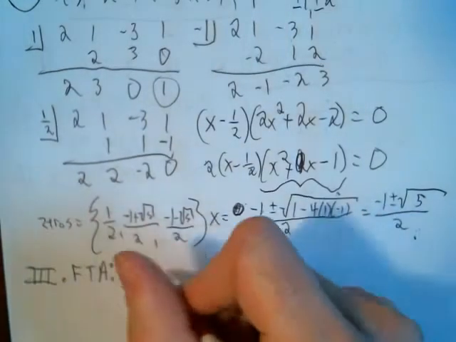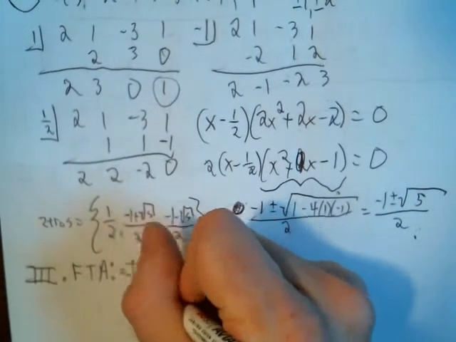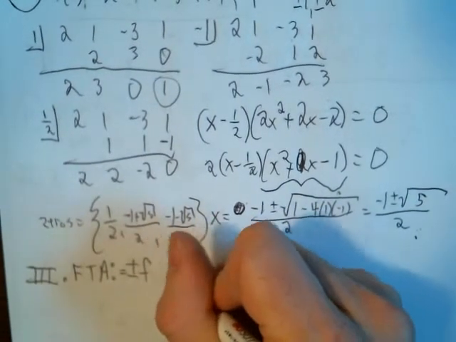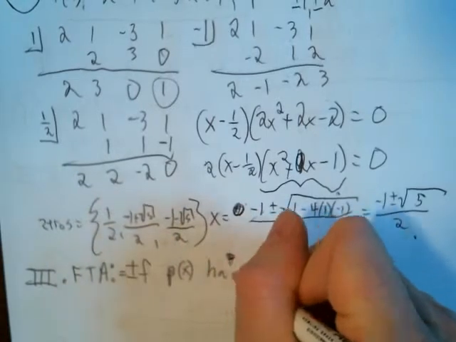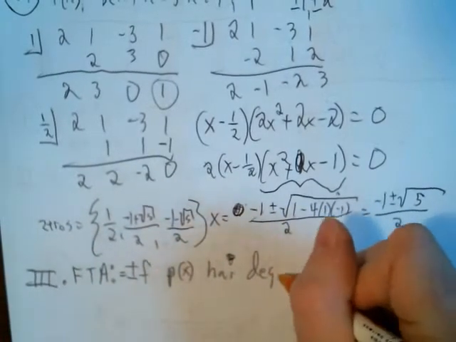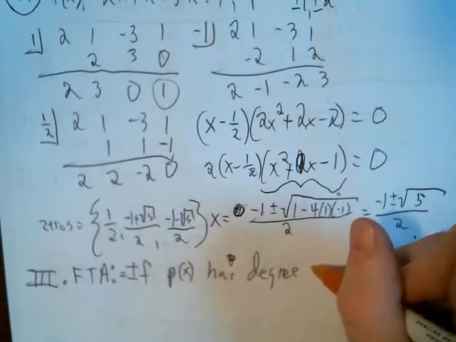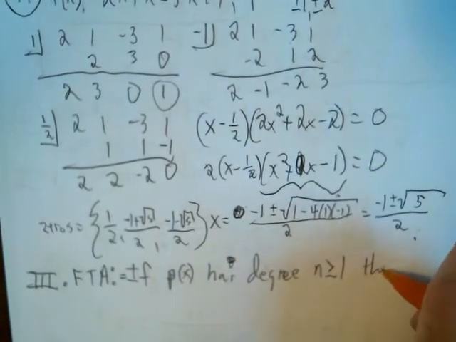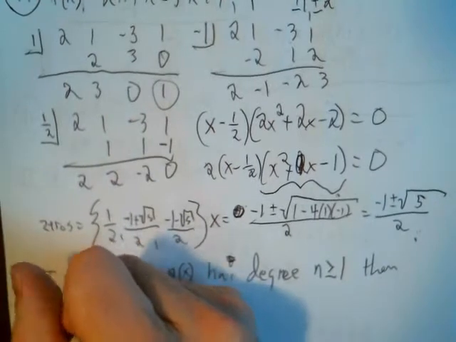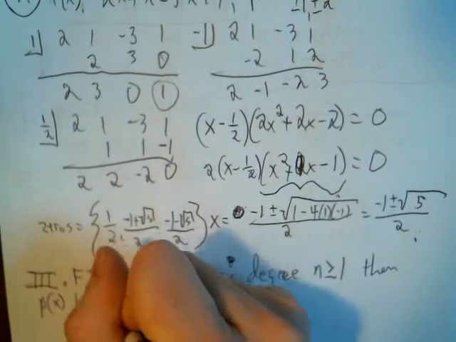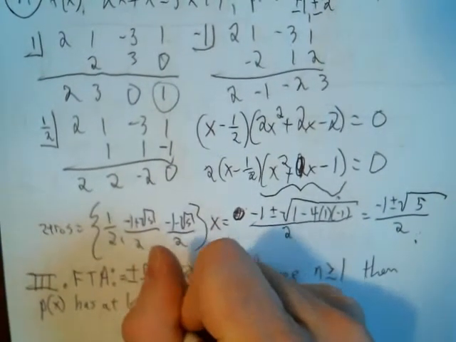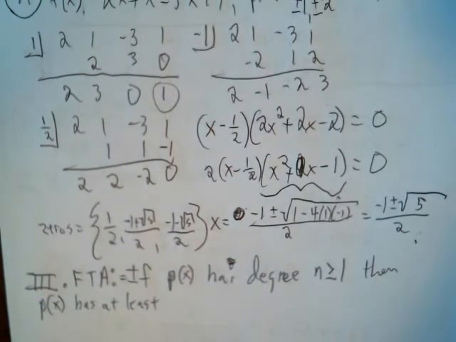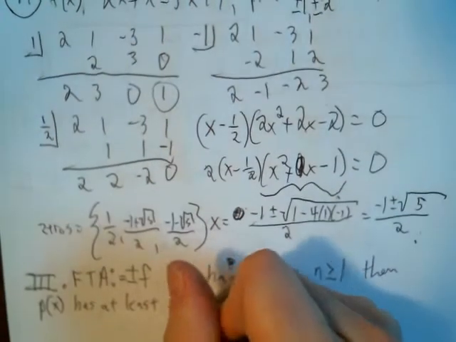Okay. So what did I say? If your polynomial p of x has degree n greater than or equal to 1, then p of x has at least one complex root.